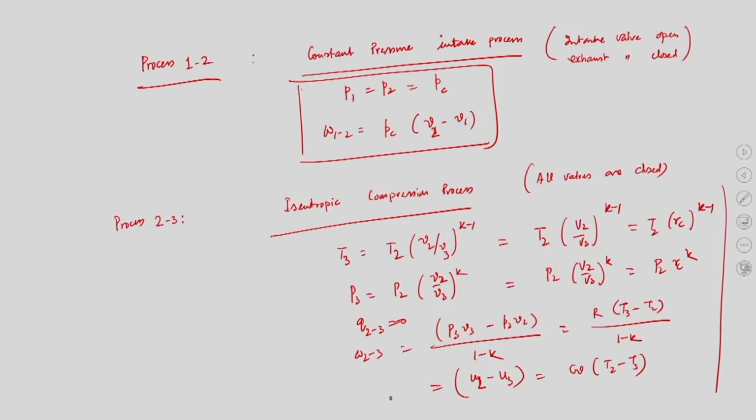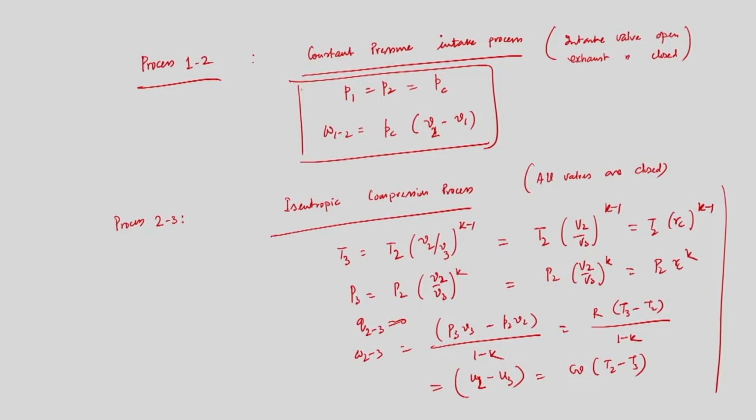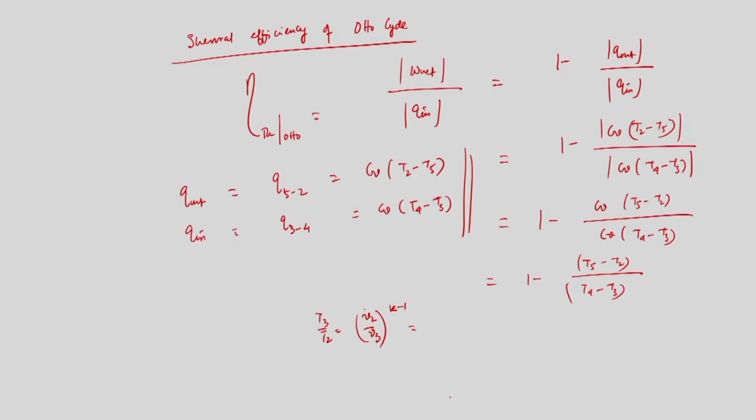What is V2? From the PV diagram, V2 is V5 and V3 is V4. So, I can write that as V5 by V4 to the power K minus 1.